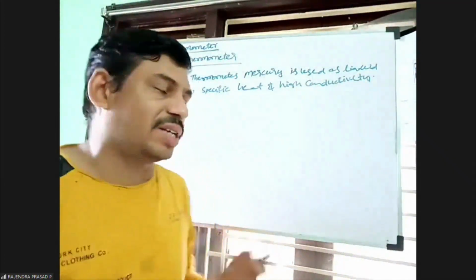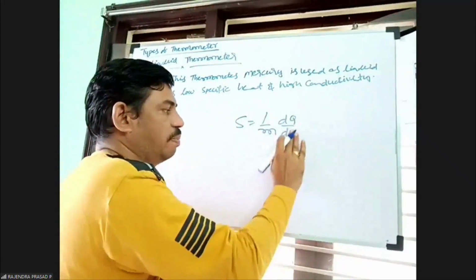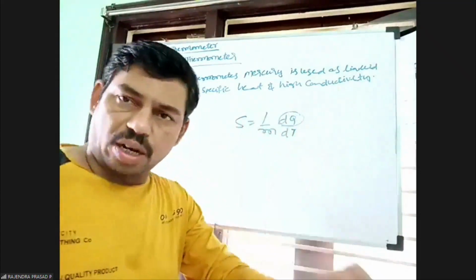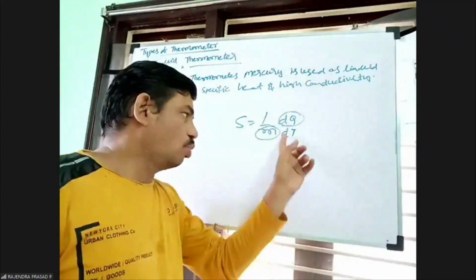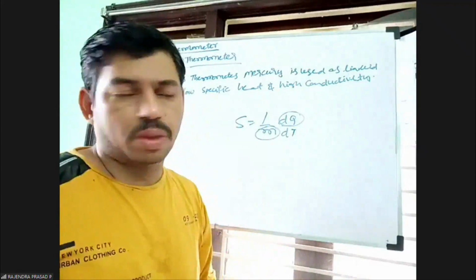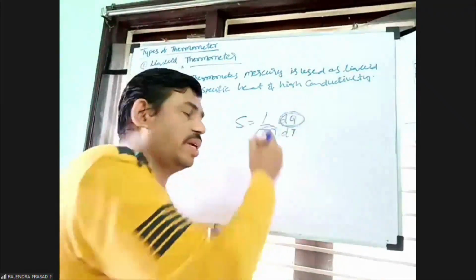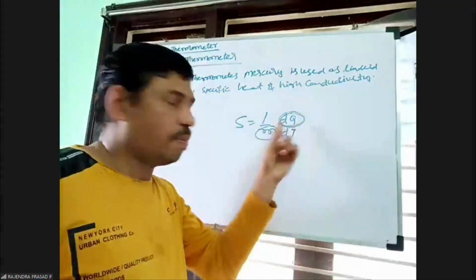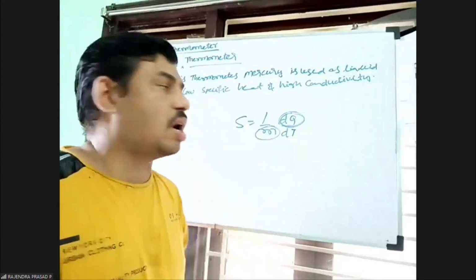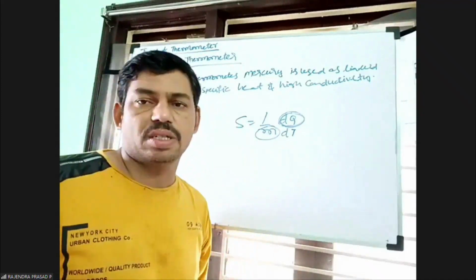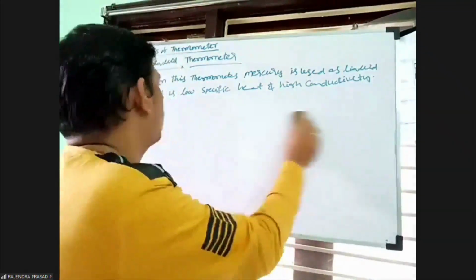Originally in the calorimetry chapter, S = (1/m)(dQ/dT). The amount of heat energy required per unit mass of a substance per 1 degree rise of temperature is called specific heat. Specific heat, heat capacity, latent heat are the original topics in the calorimetry chapter. The specific heat value here is low.